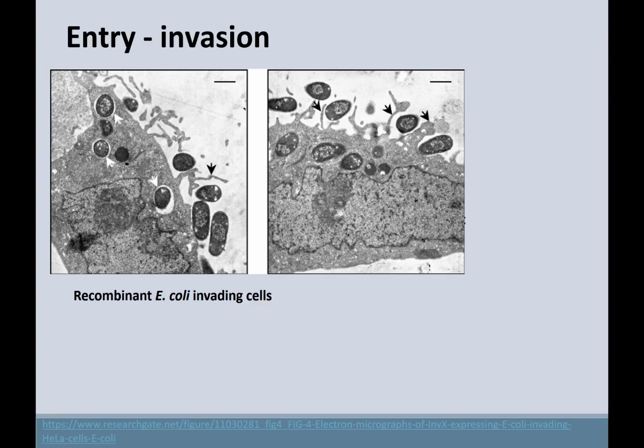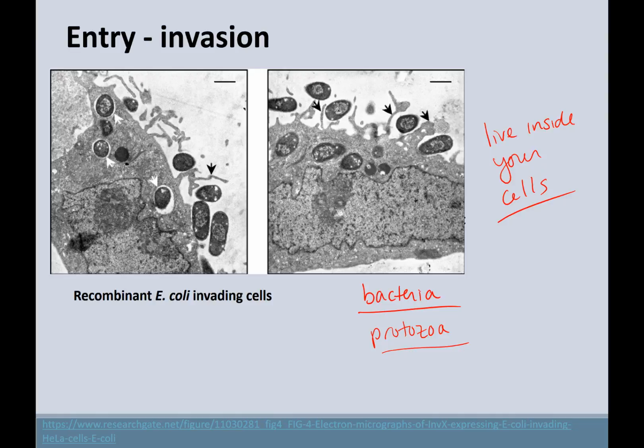One other method of entry is what we call invasion. Some bacteria, primarily, and some protozoa, like the one that causes malaria, can actually live inside your cells. I gave you the example of tuberculosis.